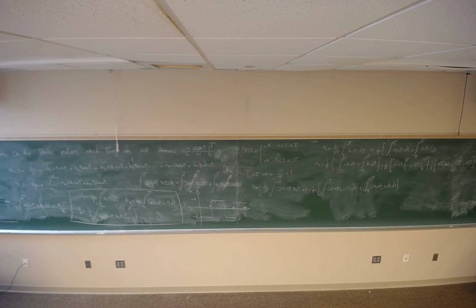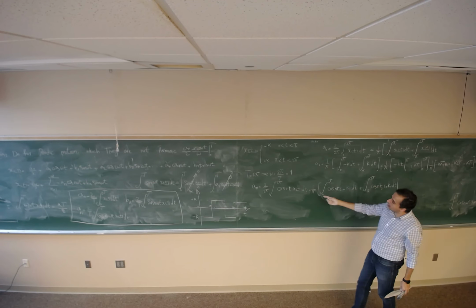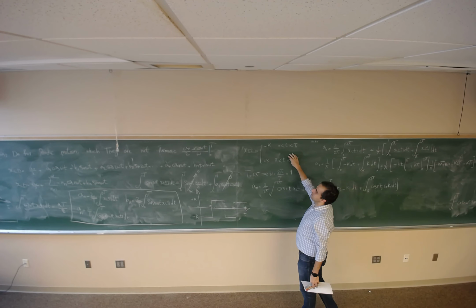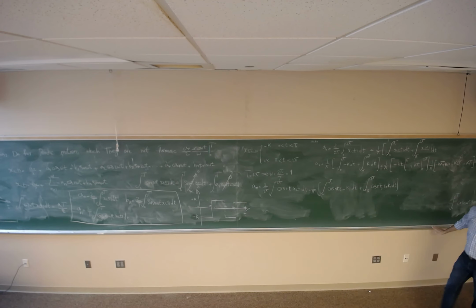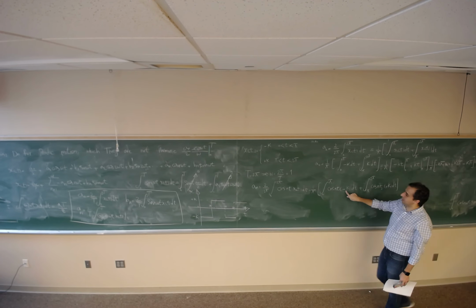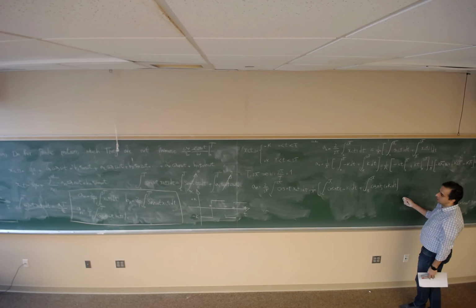Why did I break it into two periods? Because the original function has two values over the cycle. K is constant. I should just be worried about cosine of nt dt. So it's gonna be 1 over pi.